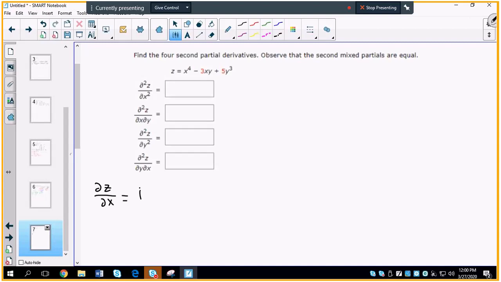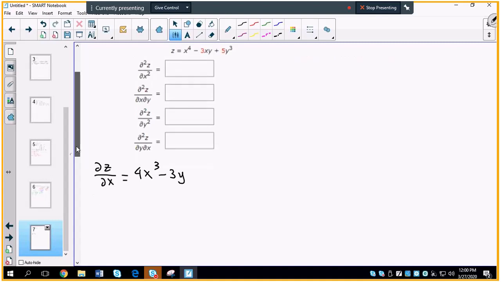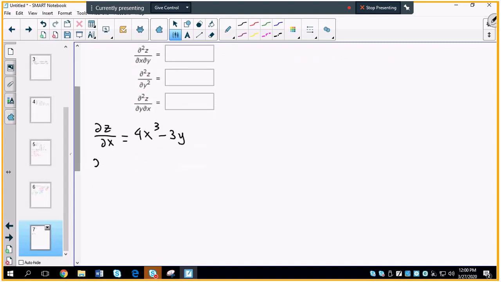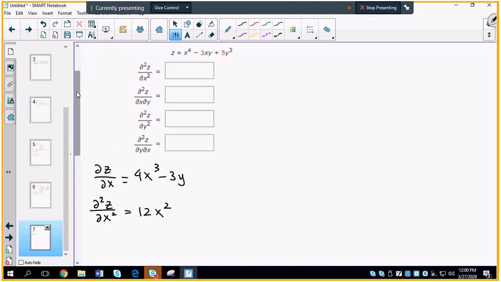You get 4x cubed minus 3y, and the 5y cubed term will be 0. It's a constant with respect to x. Then you do the derivative one more time with respect to x. So del 2z del x2, and that is going to be 12x squared. Again, y terms are 0. So that's the answer to the first one. So this is going to be 12x squared.